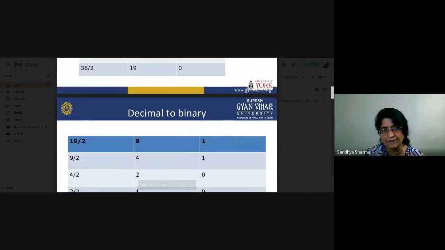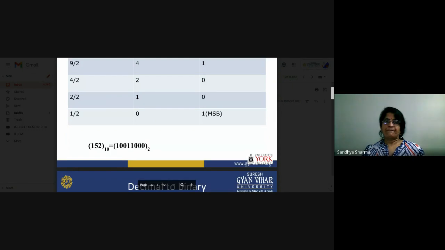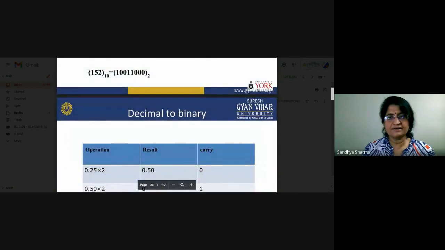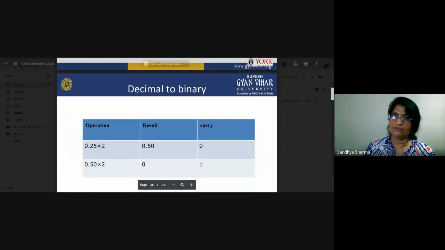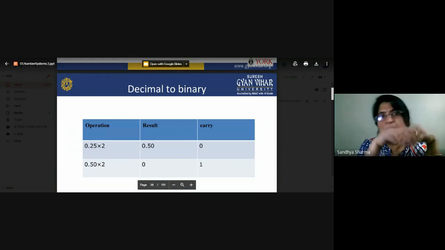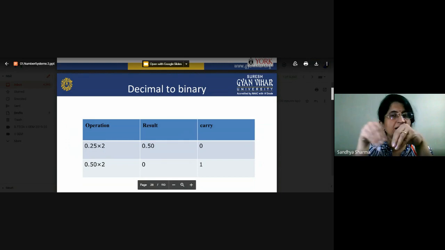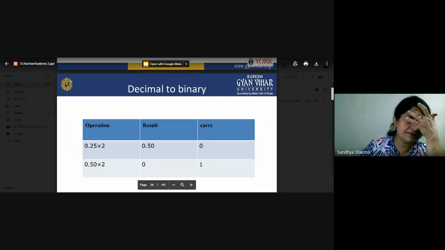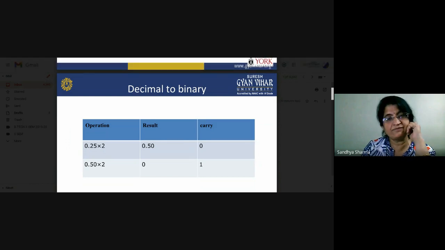And now what will happen here? For the fractional part, just see here, you have to multiply by 2. Just remember, when you convert any decimal number into the binary system, you divide by 2 for the integer part and multiply by 2 for the fractional part. Here 0.25 multiplied by 2 is equal to 0.50.